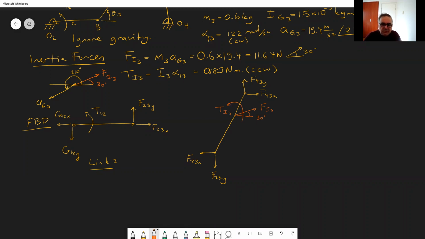The red ones are the inertia forces. And finally, link 4.